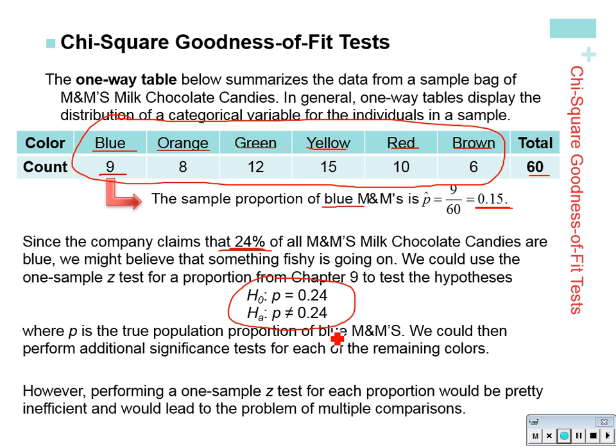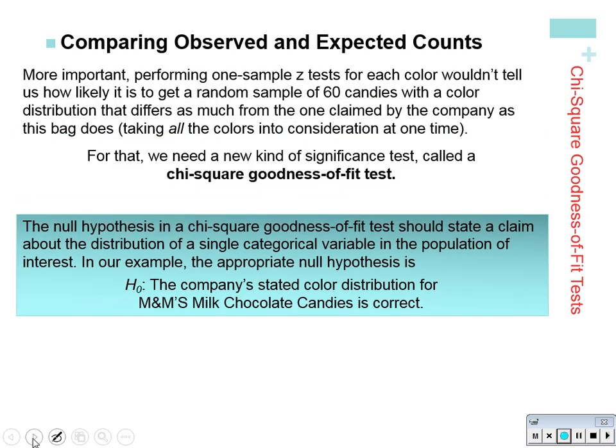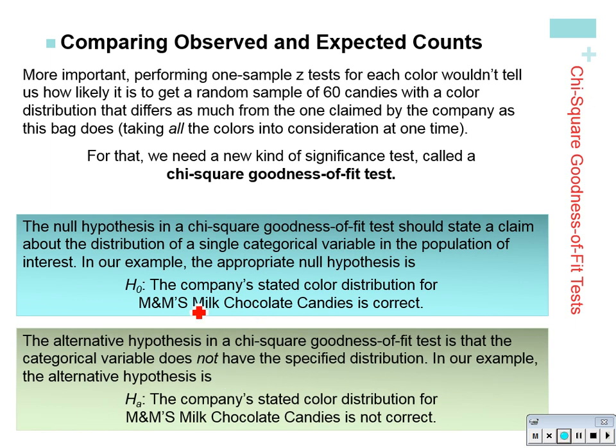One way you could go about this is to do 6 different significance tests for each of the 6 different colors, and that's what I'm referring to down here at the bottom. That's a very inefficient way of doing that. So what we do is a chi-square goodness of fit test where we lump all the colors together. So, just looking at the null and alternative hypothesis.